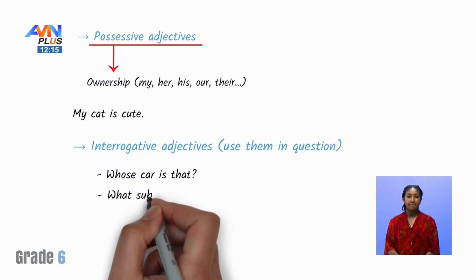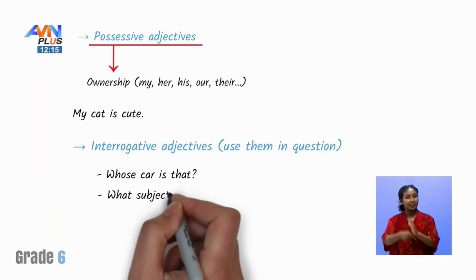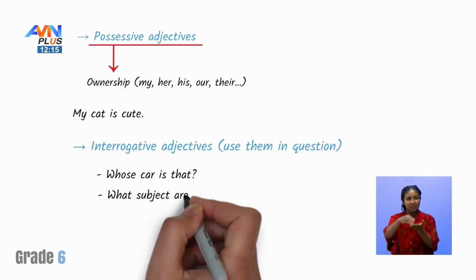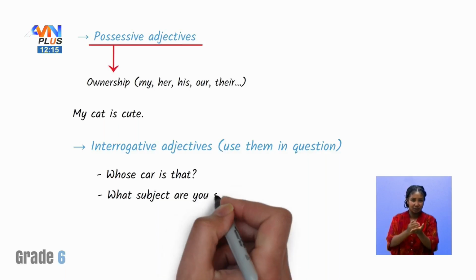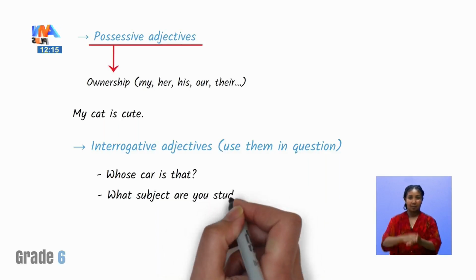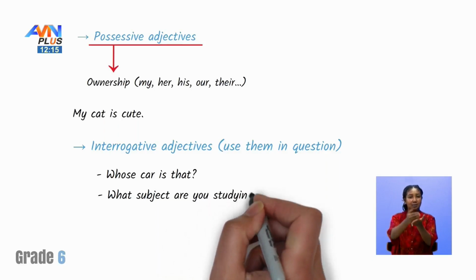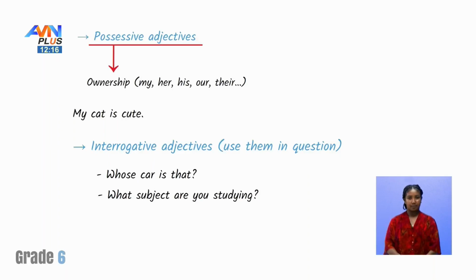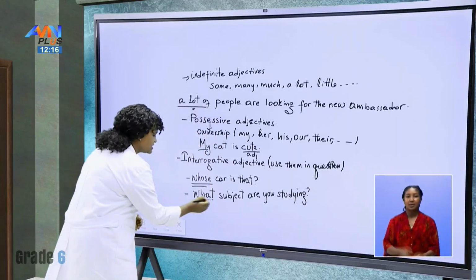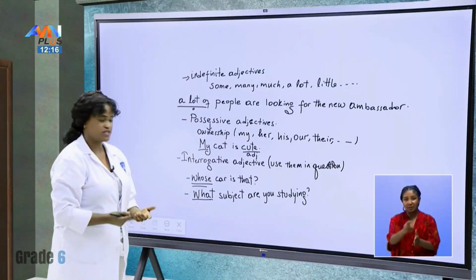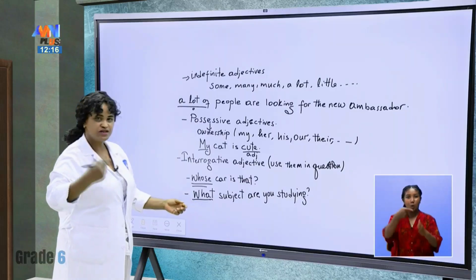And another is what? What subject, for example? What subject are you studying? All right. Here, what is an interrogative what? Adjective. When you say, what subject are you studying?